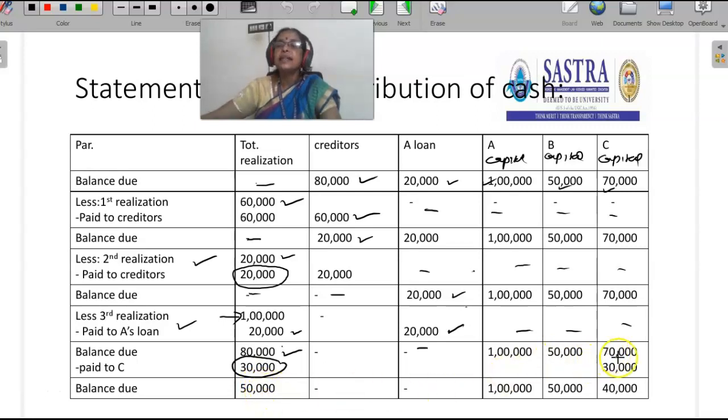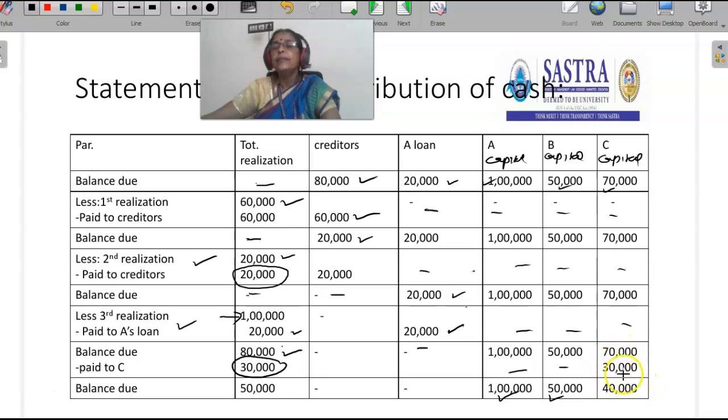Here C's capital is debited to the extent of 30,000 rupees. So A's capital account stands as it is, 1 lakh rupees. B's capital account is 50,000. C's capital account: first preference is given to C because he paid an excess amount of 30,000 rupees above all.